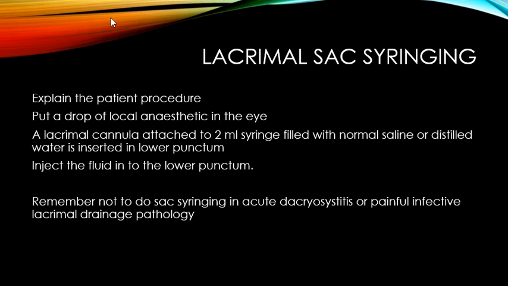Go in a downward direction first for about 1 to 2 millimeters, and then go upwards a little bit or horizontally to go into the canaliculus. Once you reach the hard part, then inject the fluid into the lower punctum. Once you inject the fluid, ask the patient if they can feel any water in their throat.